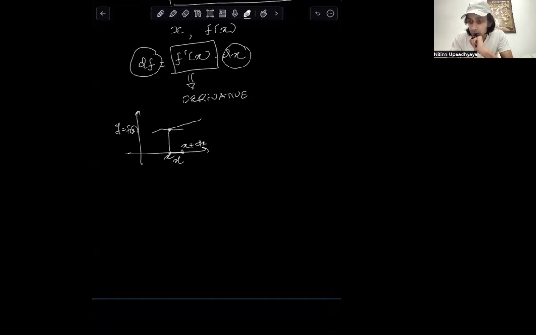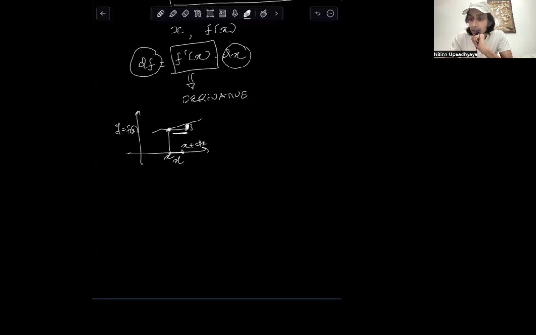The associated change in the value of the output is this tiny vertical line which I'm drawing here. The ratio of this change in the value of the output to the change induced in the value of the input is what we call the derivative of the function at the point x. And as you can see from this graph, perhaps the derivative here would be a very, very small value.